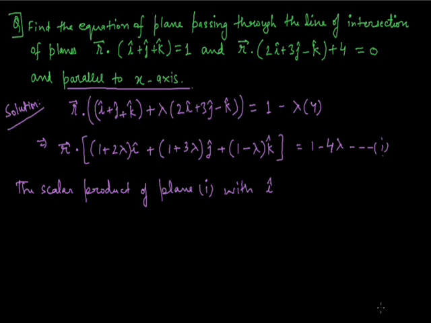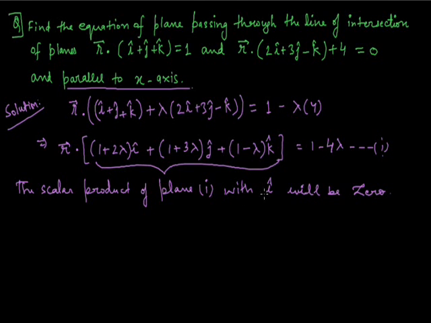If we take the scalar product of this plane 1 with i cap, it is going to be 0. Why? Because the normal vector for this plane is going to be this. The scalar product of the plane here means the scalar product of the normal vector and i cap.